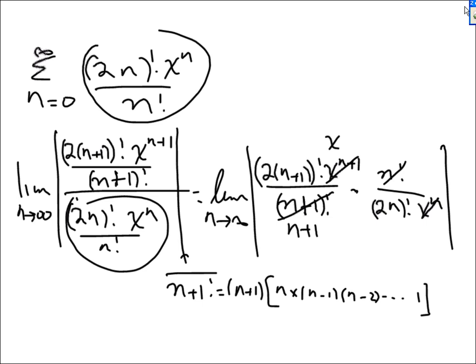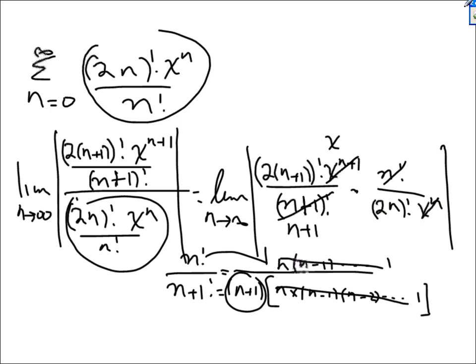But the thing is, what's in those brackets, that's n factorial. n factorial is n times n minus 1 down to 1. This cancels out to 1, and you get n plus 1 in the bottom, which is just what I put.